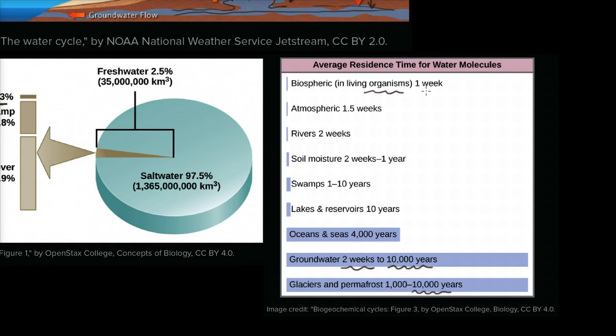On average, a water molecule will last about a week in the atmosphere. So that's water vapor turning into a cloud, precipitating down, on average 1.5 weeks. And once again, these are averages. It doesn't mean that every water molecule will stay exactly 1.5 weeks in the atmosphere, but it's a pretty interesting thing to think about. And it gives you a little bit more sense of where all the water is and how it all works together with the water cycle.